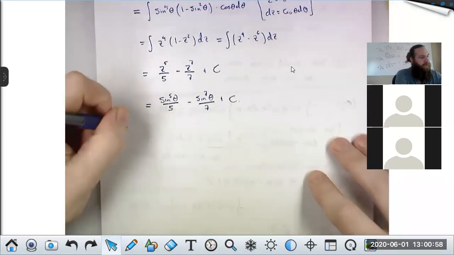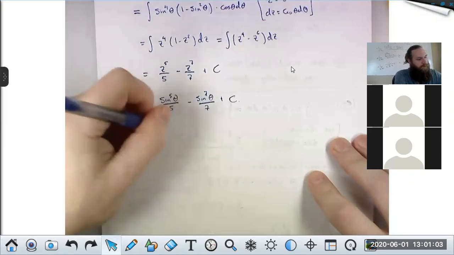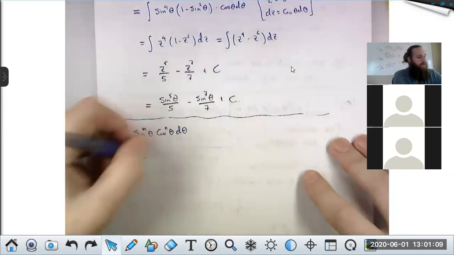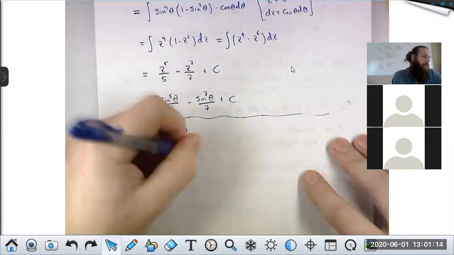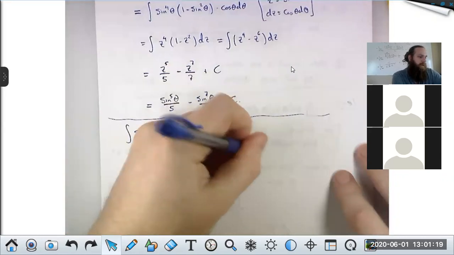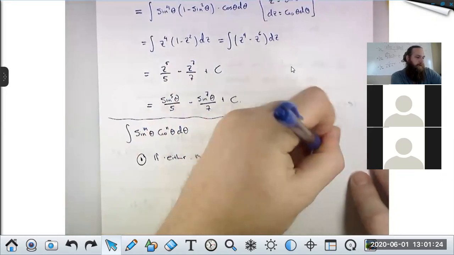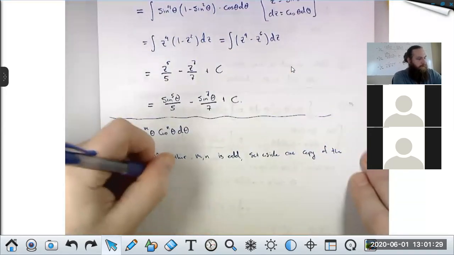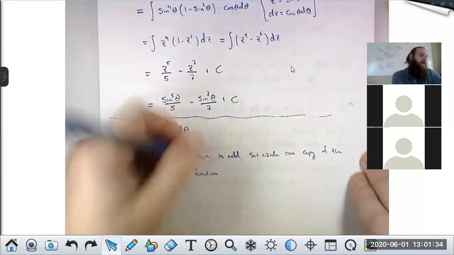So integrals like sine m theta cos n theta d theta. How do we do these? 1. If either m or n is odd, set aside one copy of the odd power function with the differential.